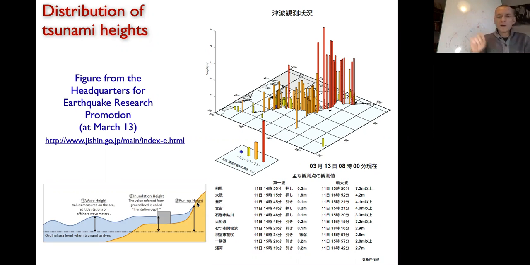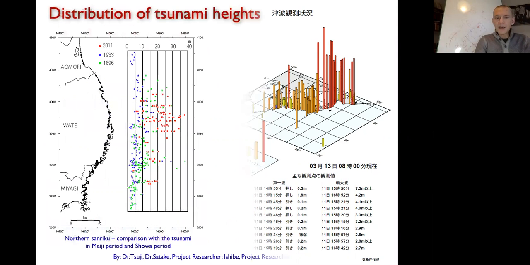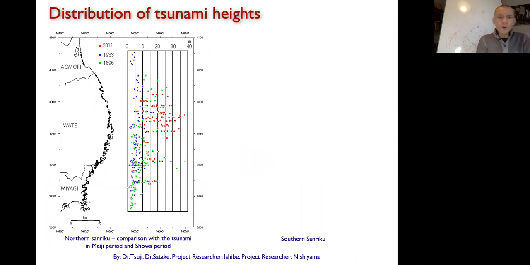So you may have a smaller run-up, but a very big penetration depth. So the key words for this slide here are wave height and tsunami run-up. And if you look at what has been collected in those days as tsunami height, some values are really impressive here.